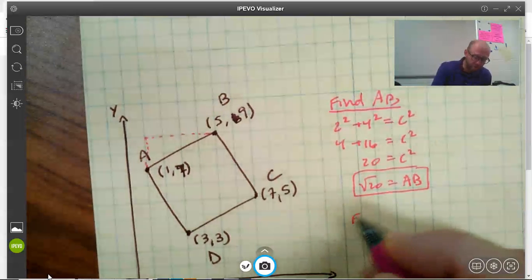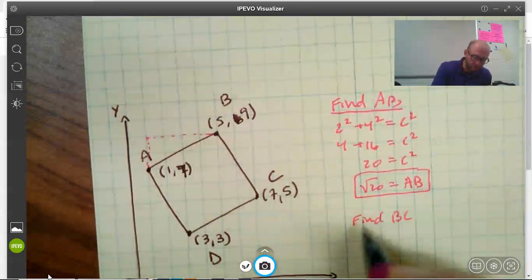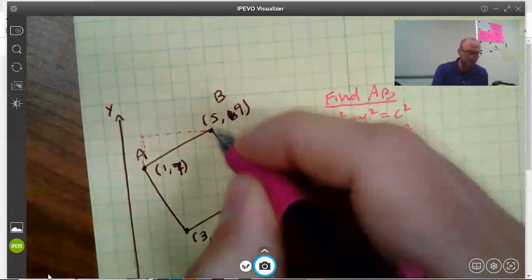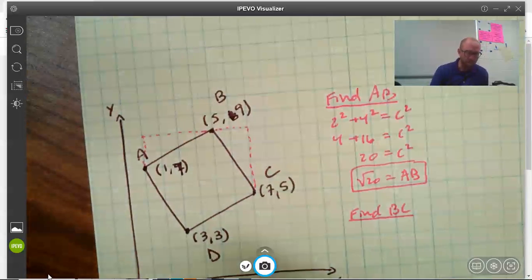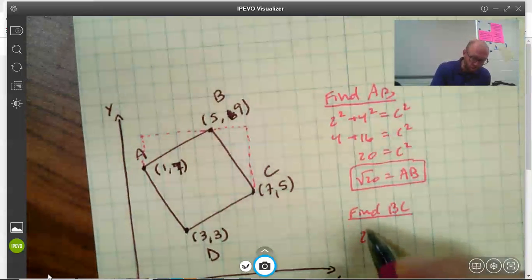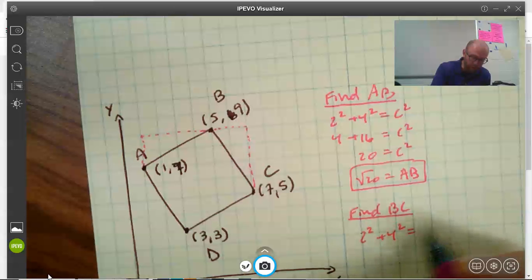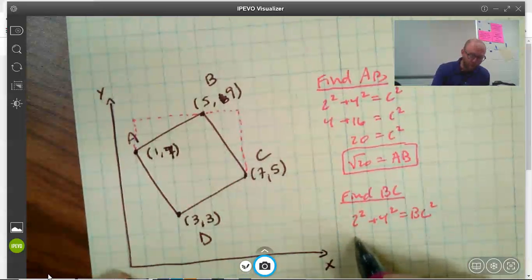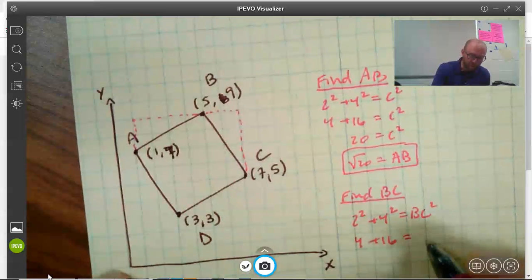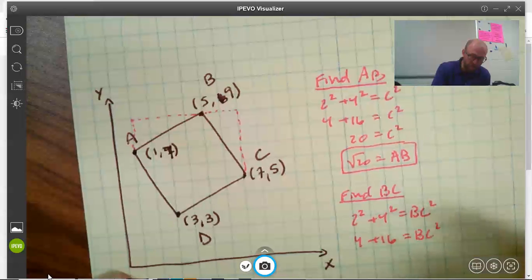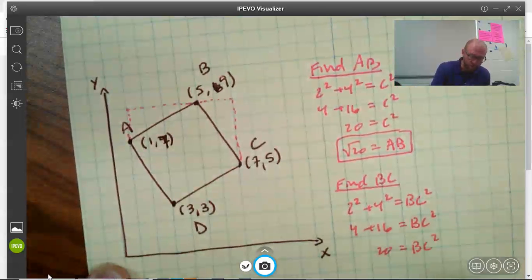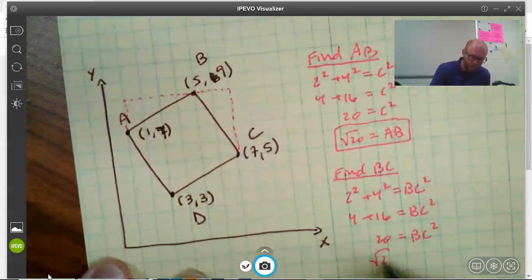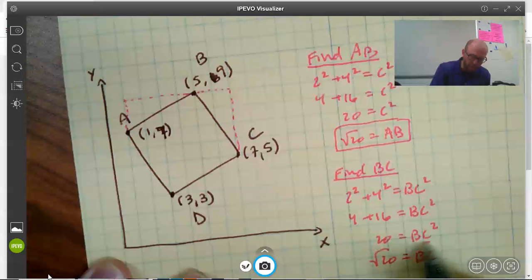Find BC. And look, it's 2 and 4 again. So 2 squared plus 4 squared is BC squared. So 4 plus 16, 20, is BC squared, and square root of 20 is BC.